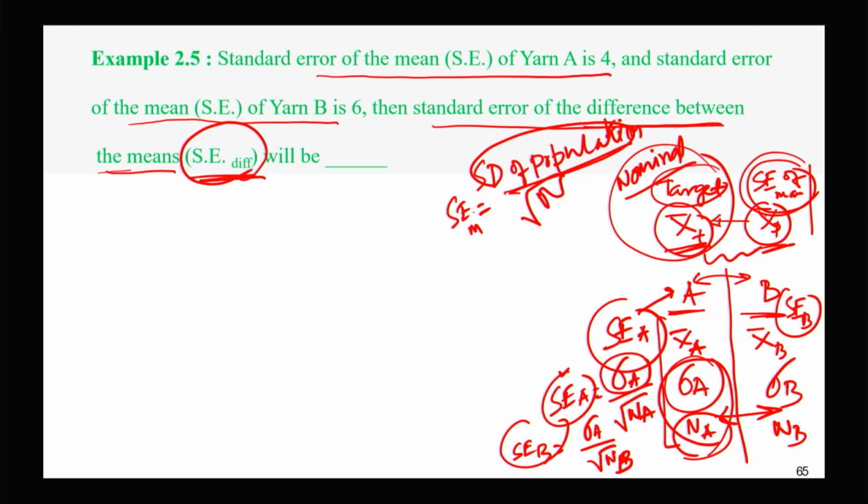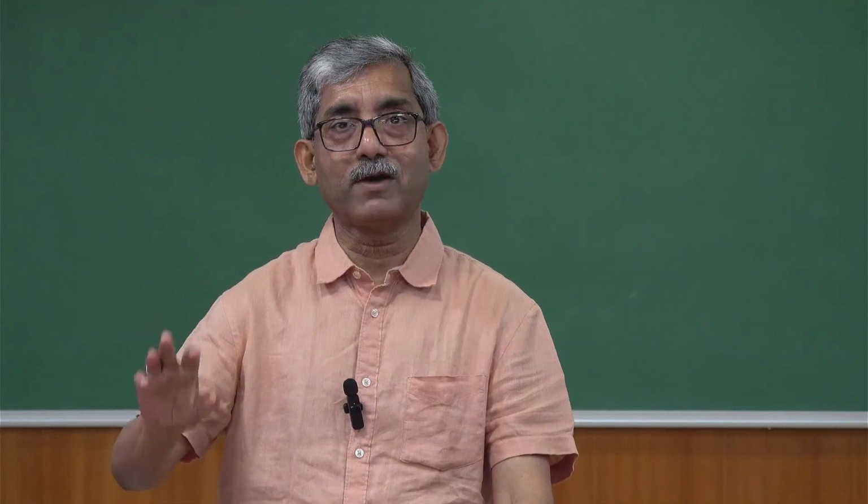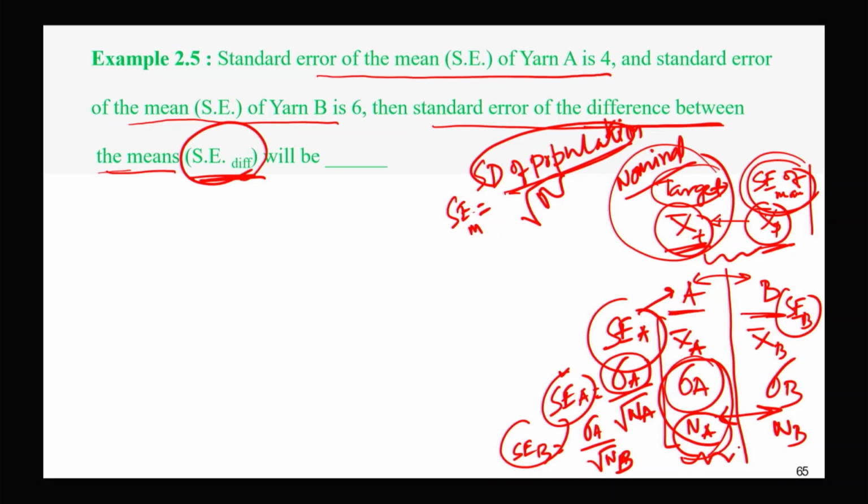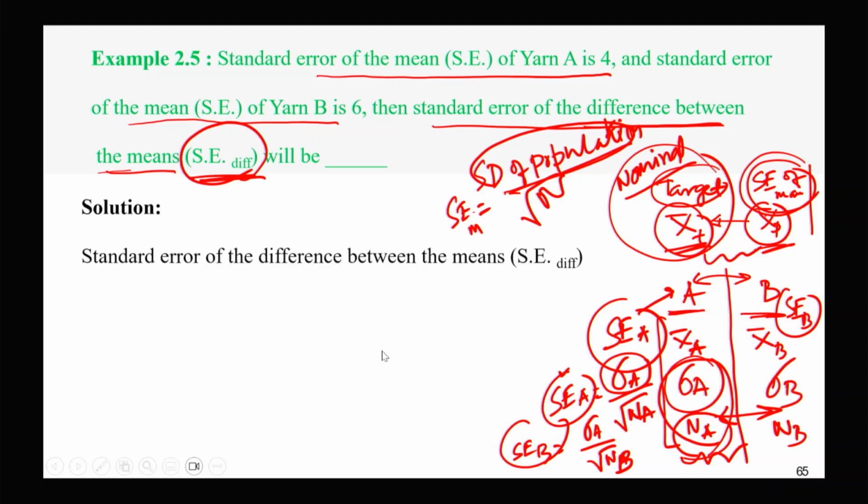Now, this numerical is the first step towards that, where we want to calculate the standard error of difference. This standard error of difference will be used for actually calculating the difference between two sets of data. Now, the relationship is very simple.